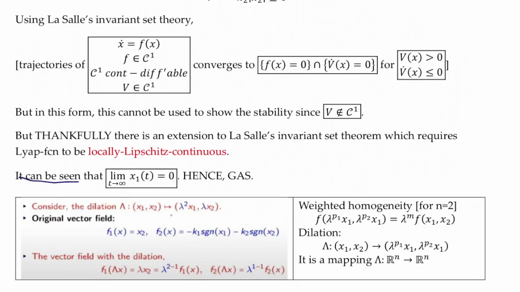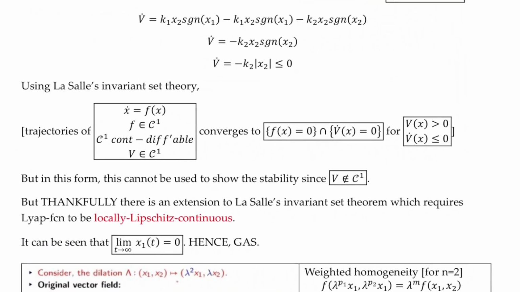And it can be seen that x1 also goes to 0, and from this we know that x2 goes to 0. And also using this extension of LaSalle's invariant set theorem, we are able to show that x1 goes to 0. So x1, x2 go to 0, and hence the asymptotic stability.